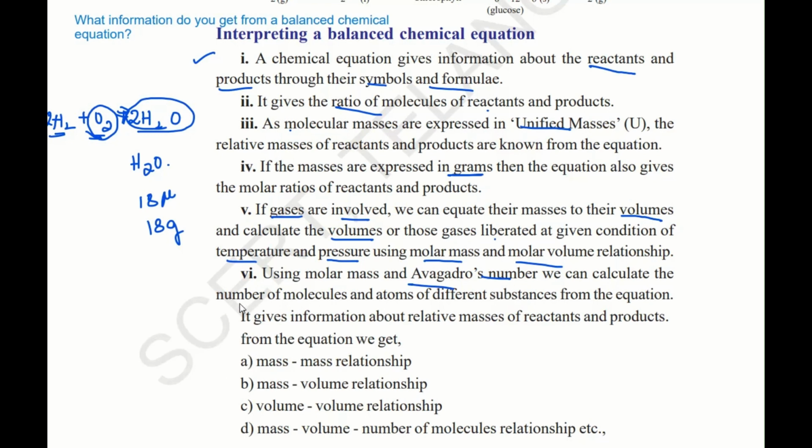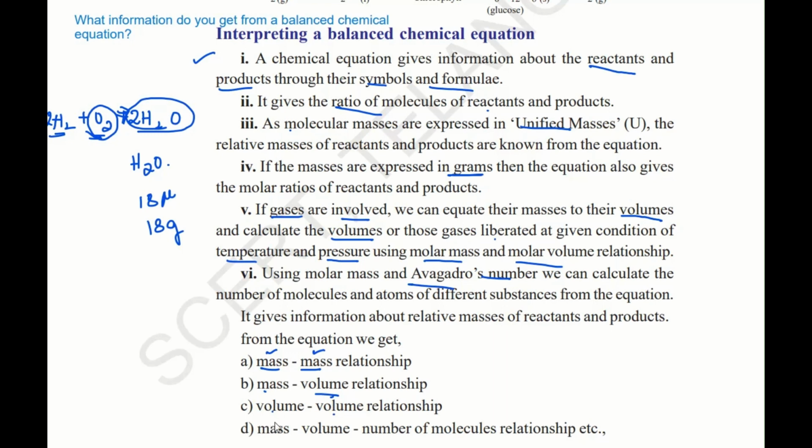Apart from that, if we have to summarize it, we can find out mass relationship. That means if you know the mass of the reactants, we can find the mass of the products. Mass volume relationship, in the same manner, you know the mass of a few elements or compounds in that particular chemical reaction, you can find the volume, especially the volume of a gas.